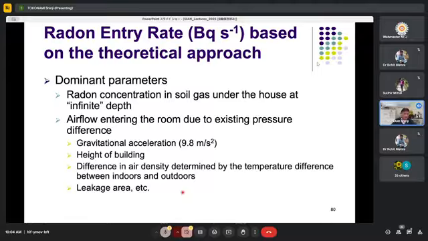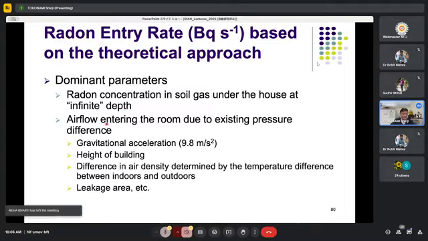Also, I'd like to introduce the radon entry rate expressed in becquerel per second based on the theoretical approach. Here are dominant parameters for radon entry rate. The first, radon concentration in soil gas under the house at infinite depths.